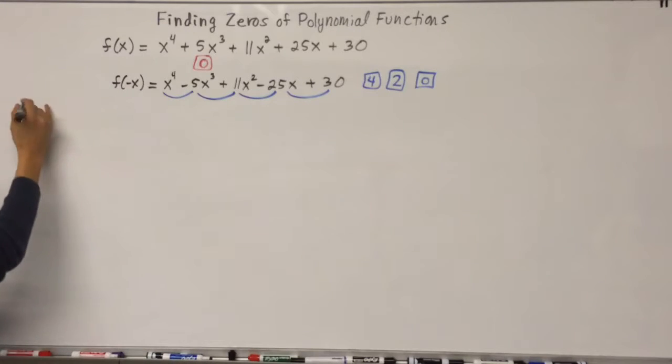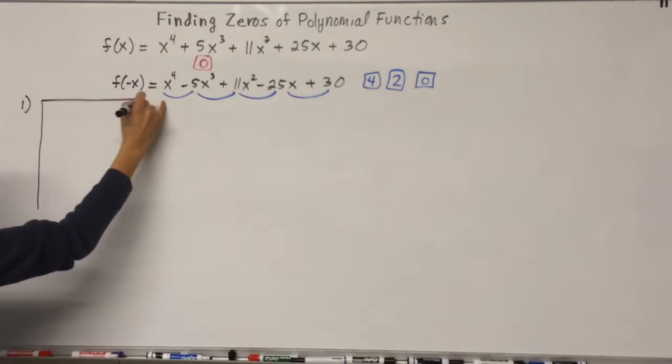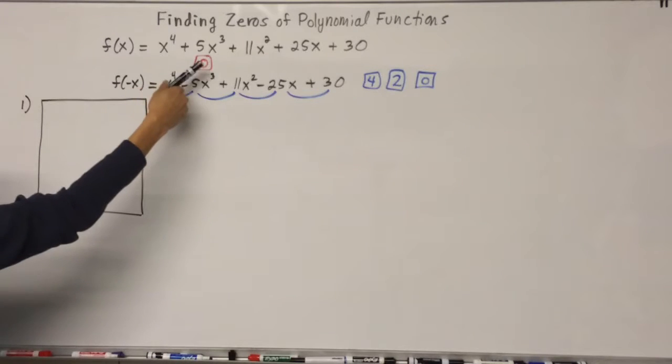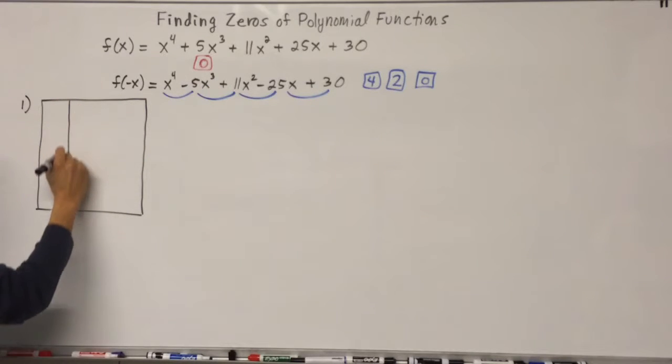Okay, so now we're going to make a little chart here. And that chart is going to have 3 rows. So that 0 in red will pair up with each of those blue numbers.